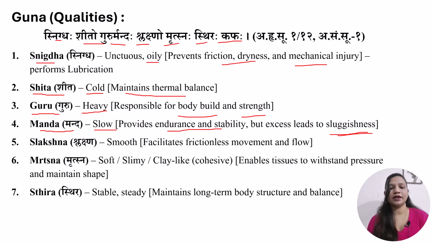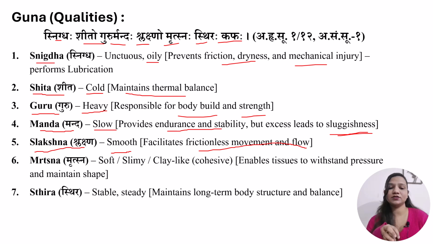Okay, the next one is Shlakshna, means smooth. Shlakshna means smooth. So due to the presence of this gun, which is smoothness, Kapha dosh can perform frictionless movement and flow. Okay, so due to the presence of Shlakshna gun in Kapha dosh, it is useful for ease of movement.